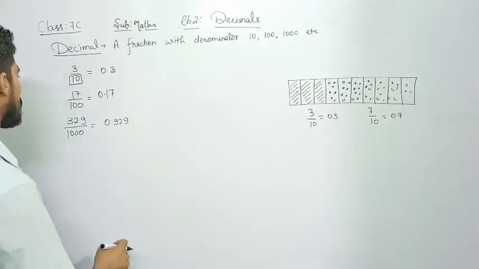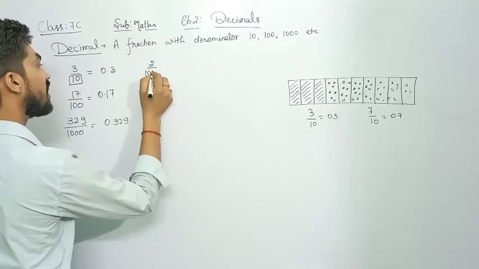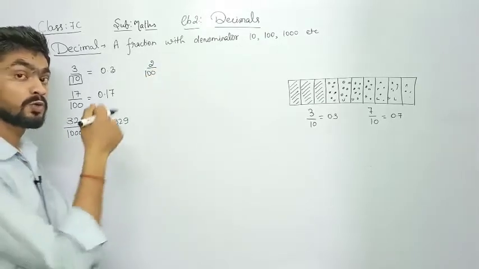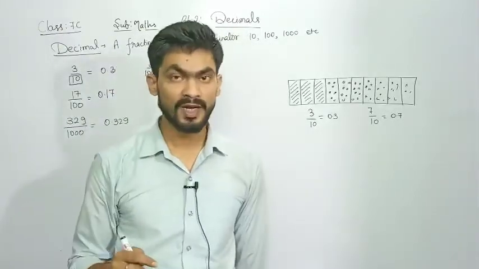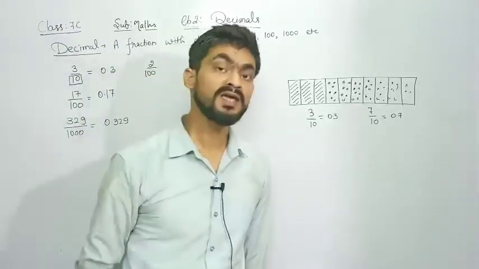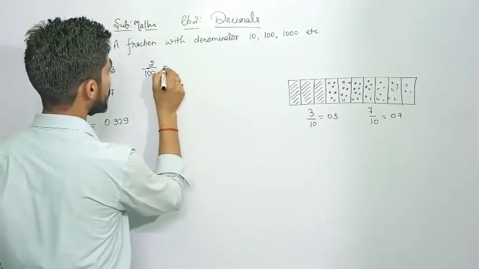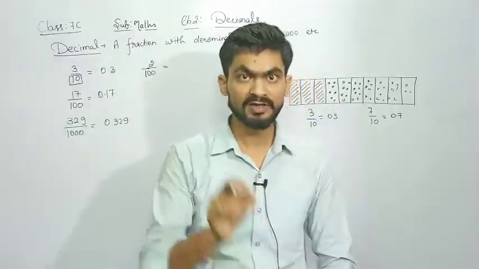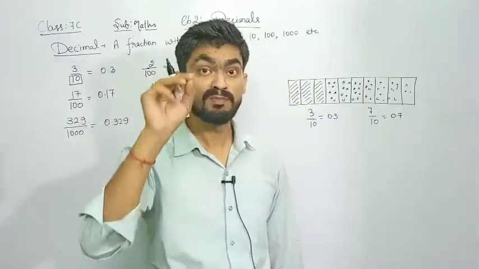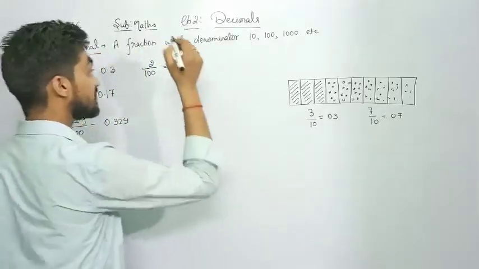There are certain questions when we have, suppose, 2 by 100. What is the question? We have 2 zeros in the denominator, but the numerator has only 1 digit. So where will this come? My dear children, keep in mind, when we study the decimal chapter, we will take most of the help from the digit 0.